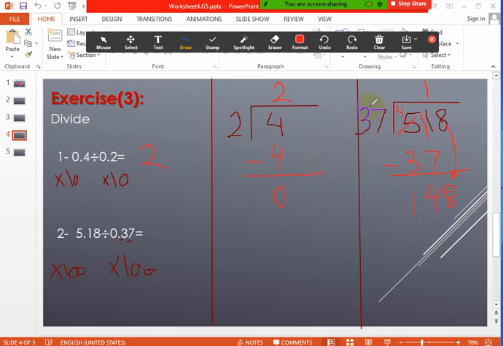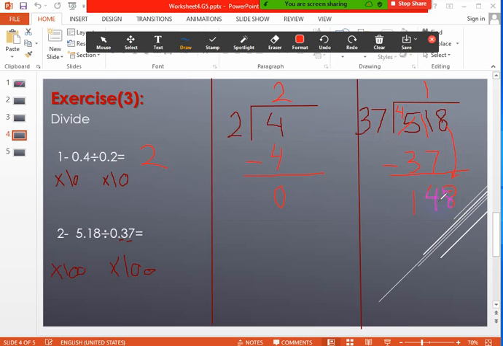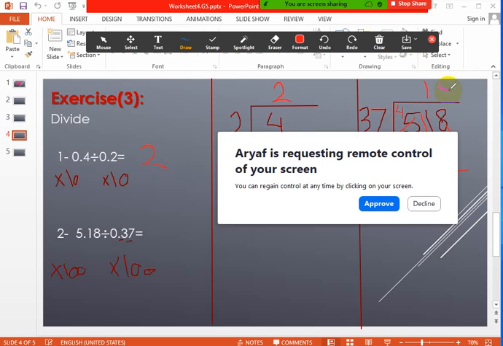If I multiply it by 7, it will give me 8 in the ones. 148 divided by 37, you think it's 4. Very good. That's correct. It will be 4.